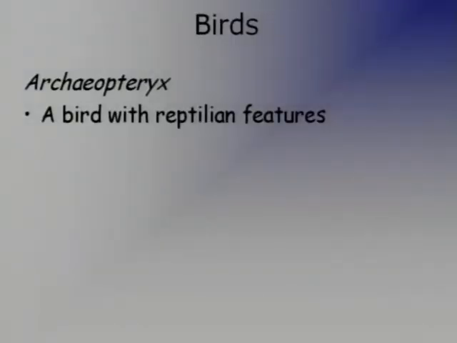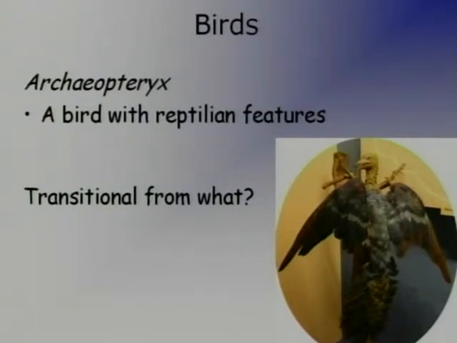The only problem is, it's not a transition between a reptile and a bird. It is actually a bird with reptilian features. It has the features that basically define a bird. It has wings, asymmetrical flight feathers, the flow-through lung system, and a brain like a bird, with all the enlarged regions of the brain that allow birds to fly in three-dimensional space and control their wings.